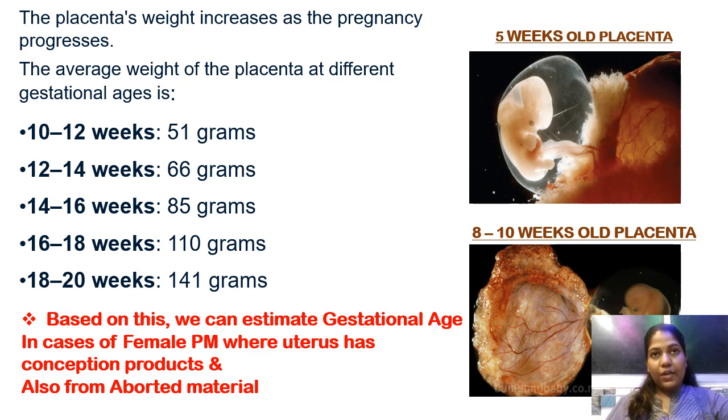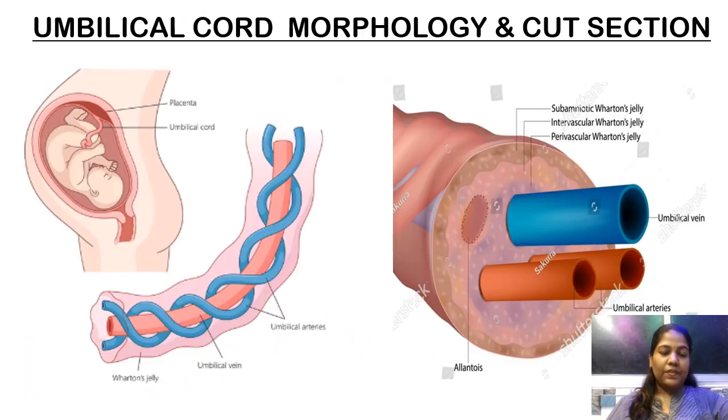So if we are doing a postmortem in a female and, while examining the uterus, we find products of conception, then by the weight of the products of conception or the placenta, we can arrive at the average gestational age or period of gestation. Also, from the aborted material, we can identify the gestational age.